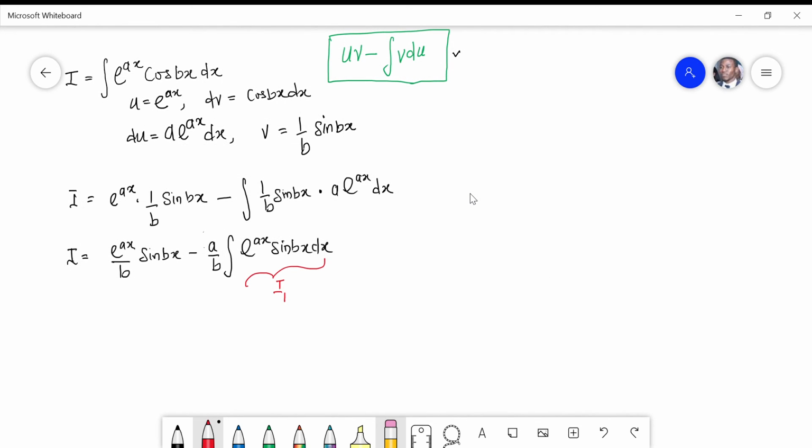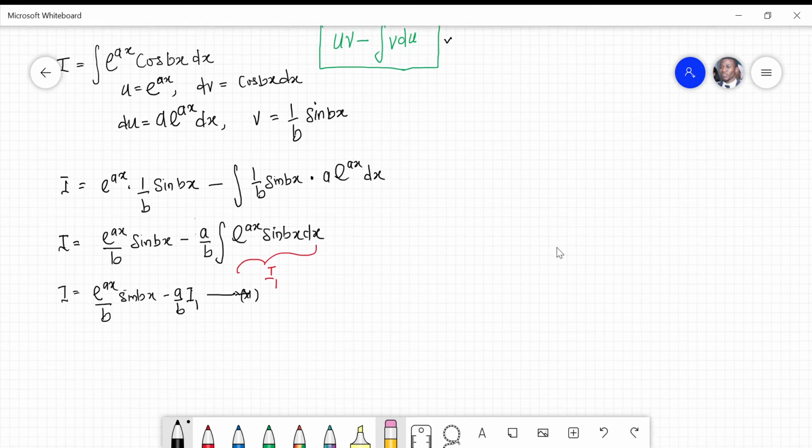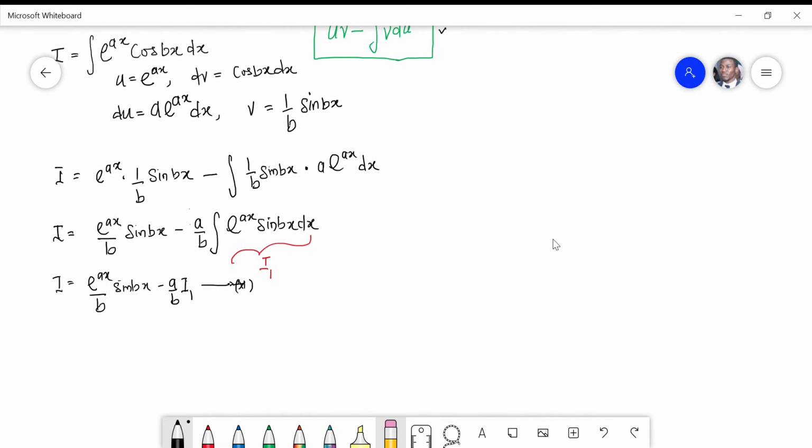So then I have I to be e to the power of ax over b sine bx minus a over b I1. I can just call this asterisk. Which implies I have to find what my I1 is and then slot it back in here, and then I get my I, and that's it. So now we take this I1, how?